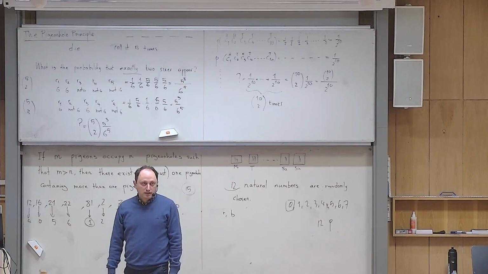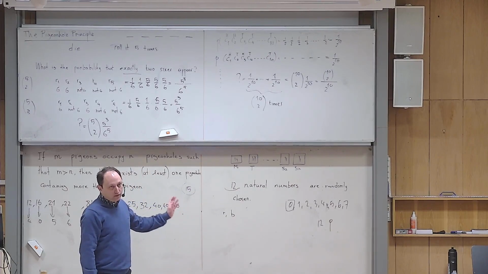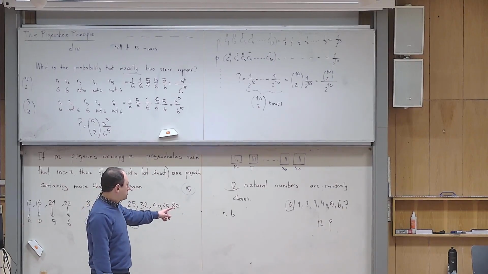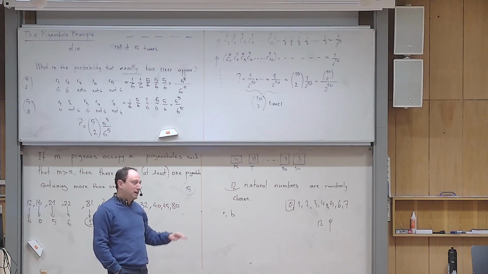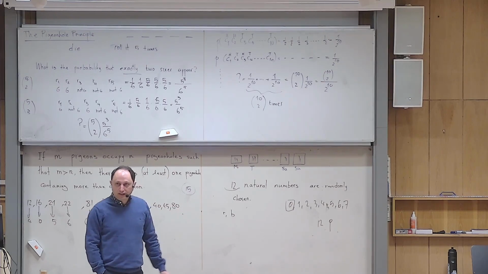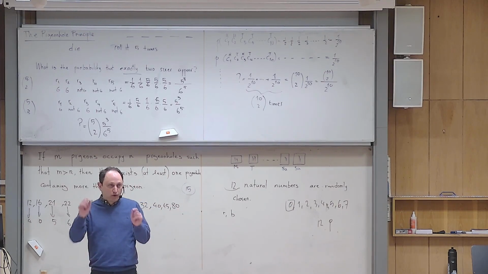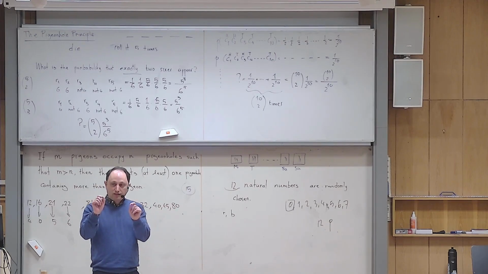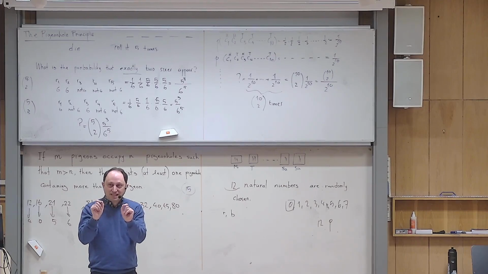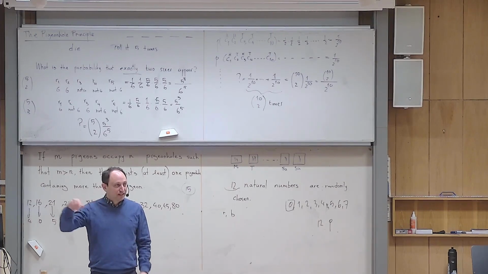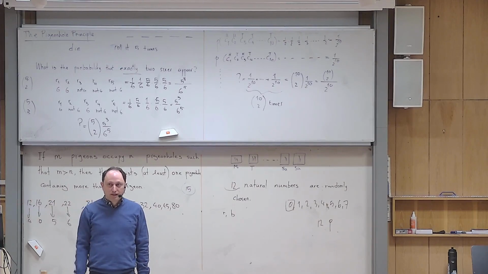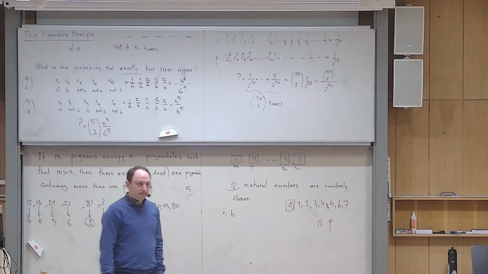I don't know anything about how they colored it, but I know that all the points are being colored either red or blue. I want to guarantee, before even looking at how it's colored on the plane, that there are at least 2 points on this plane of the same color and the distance between them is exactly 1 length unit. Mathematical precision, not physical. It means 1 with infinitely many decimal zeros after the decimal point.